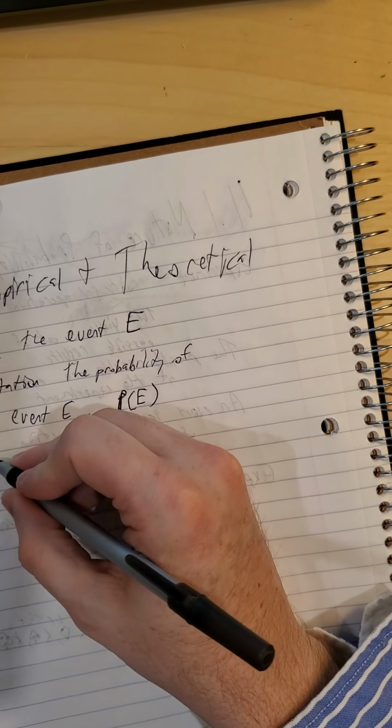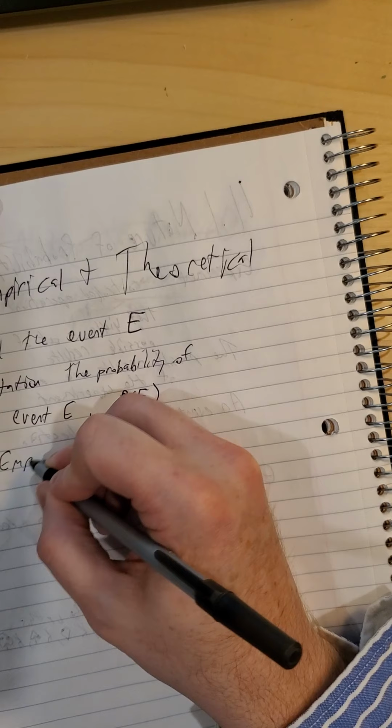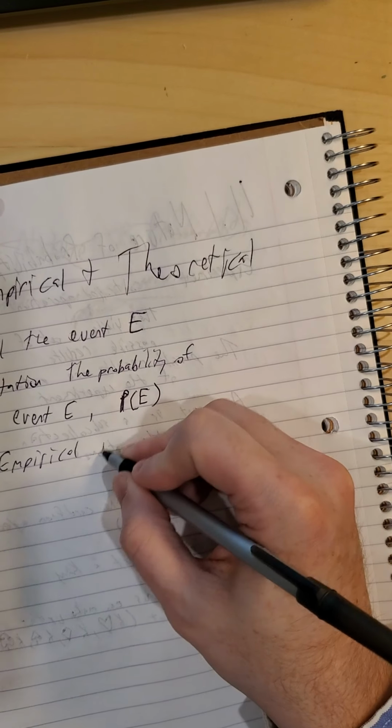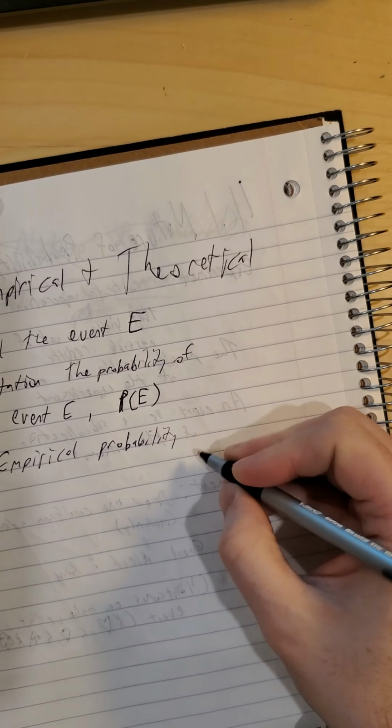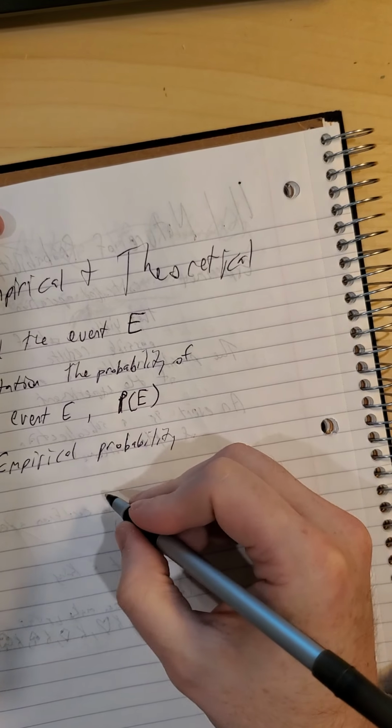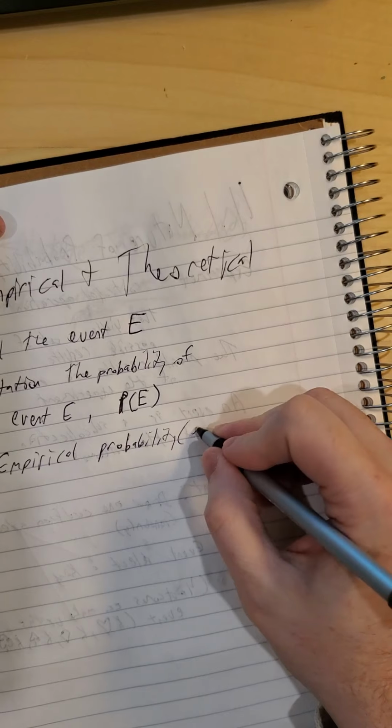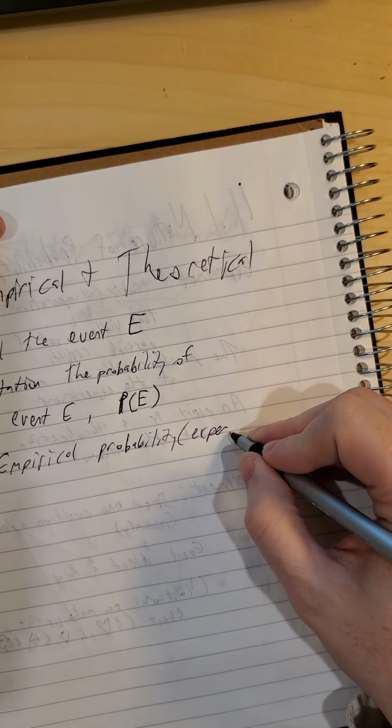So we'll start with empirical probability. This is also in some books referred to as experimental probability.